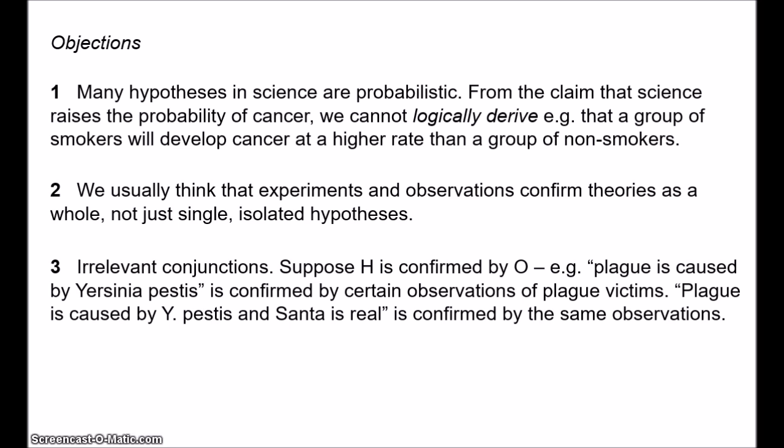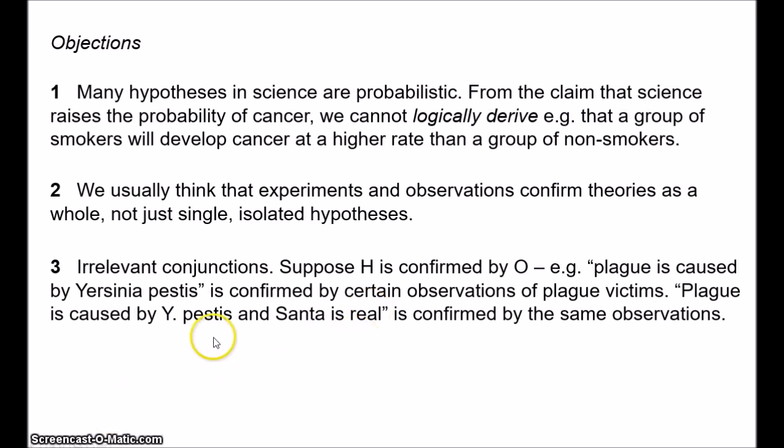Now, the problem is that literally any hypothesis whatsoever can be confirmed by this same observation, simply by conjoining it with the hypothesis that plague is caused by Yersinia pestis. So take the hypothesis, plague is caused by Yersinia pestis and Santa Claus is real. Well, our observation confirms this, because it confirms the first part. By confirming just the first part, you also add some confirmation to the whole.